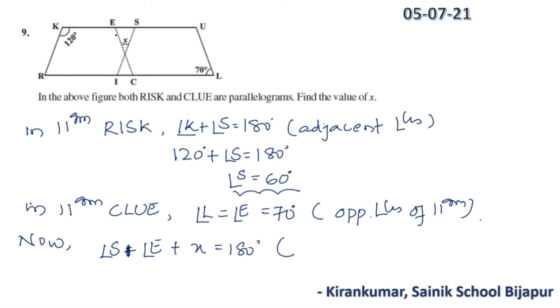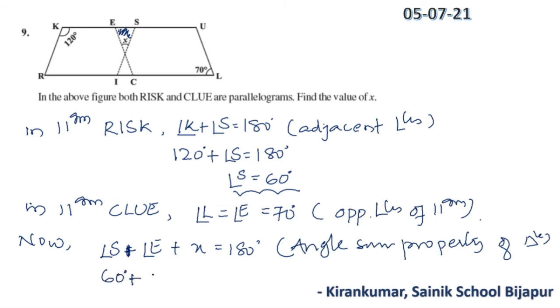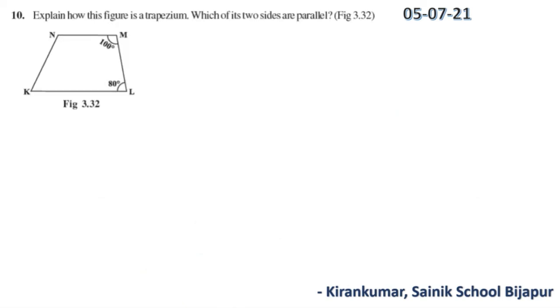You can observe carefully, it forms a triangle. So this is because of angle sum property of triangle. S is 60 degrees, E is 70 degrees, plus x is equal to 180 degrees. So x will be 180 degree minus 130 degrees, which is 50 degree. This is how we can find the value of x.